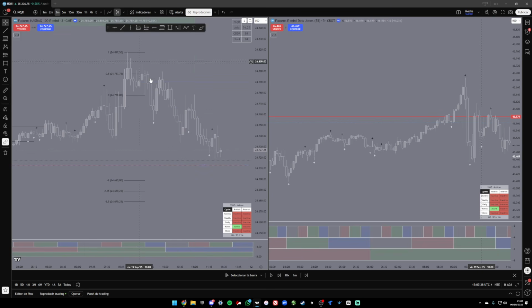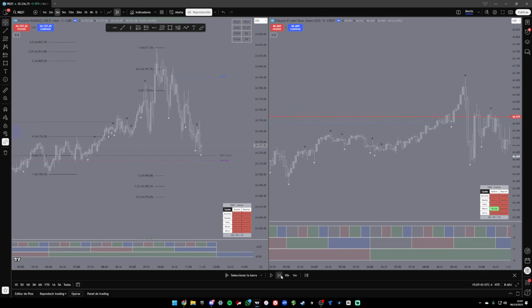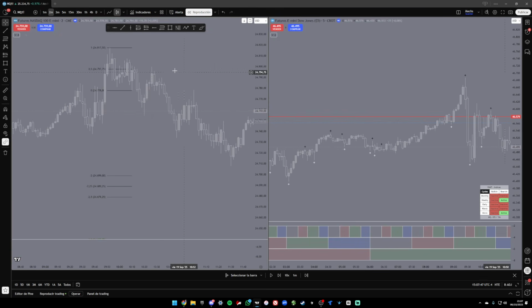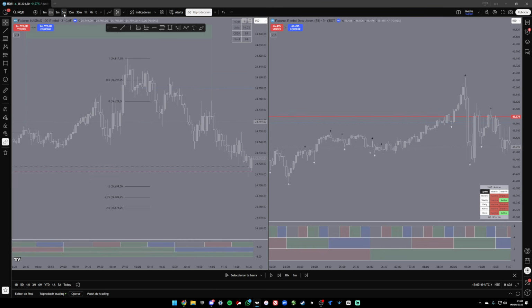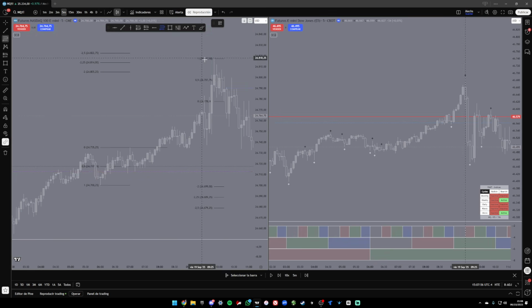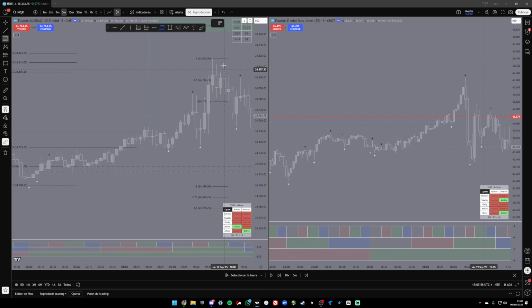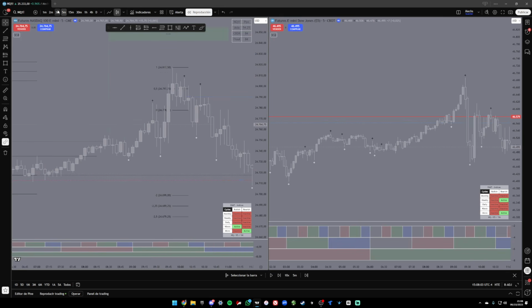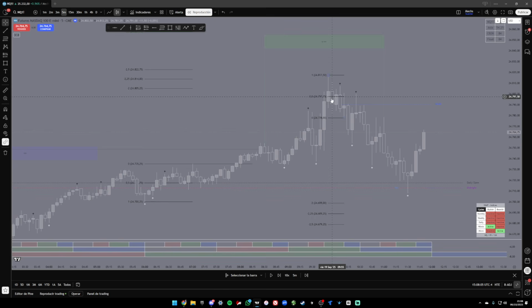Yeah, this would be like a good one. I think price is not going there, but wait, let me check. It's not going there, but yeah, if we mark it like this on the 5 minute, look, here we see that price is accumulating for 25 minutes.